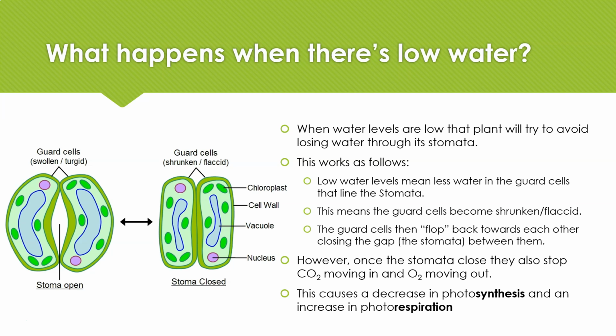So when there's low water, we actually have to start considering how this is going to have an impact on photosynthesis and what might happen in terms of photorespiration. So yes, water might limit the rate of photosynthesis in terms of the light-dependent reaction not being able to go ahead if there's not enough water, but what's more likely is that low levels of water are going to cause the stomata to close, and that's then going to have an impact on the carbon dioxide and the oxygen levels.